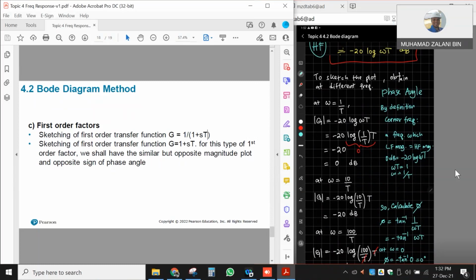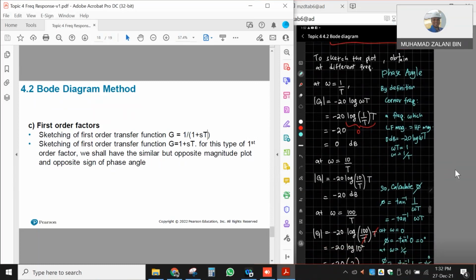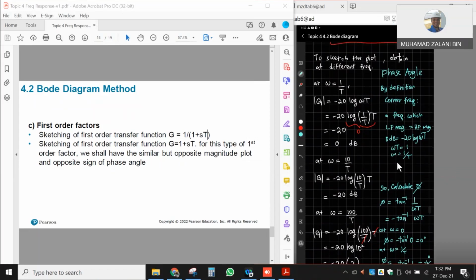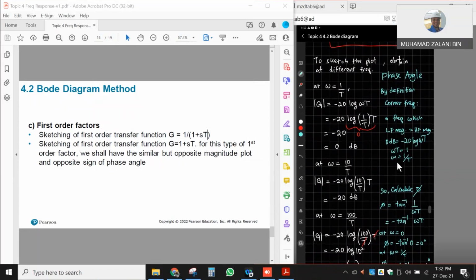To determine the corner frequency, it is the frequency at which the low frequency magnitude equals the high frequency magnitude.